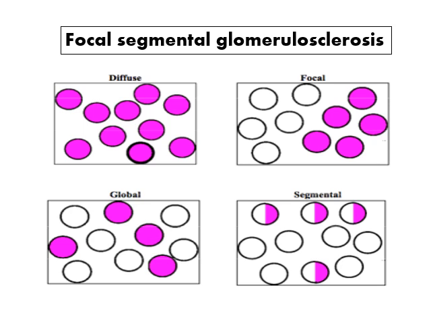What about segmental? If the pathology is involving only a sector inside one glomerulus, this is segmental. But if the whole glomerulus is involved by the pathology, this is global. And usually, mild cases start as focal and segmental, and with time, this will change into diffuse and global.